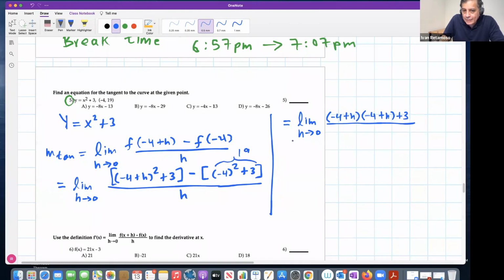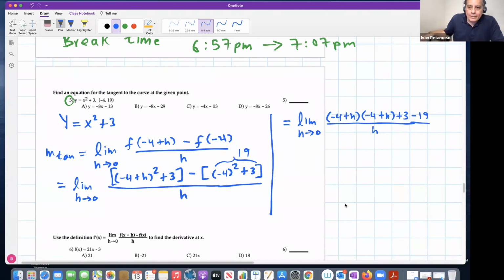So this whole thing is minus 19, all over h. Someone posted an answer. Very good, you got it. Excellent. Continue and find the equation of the tangent line.